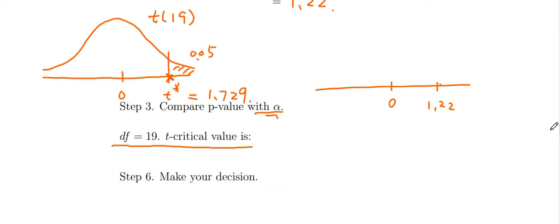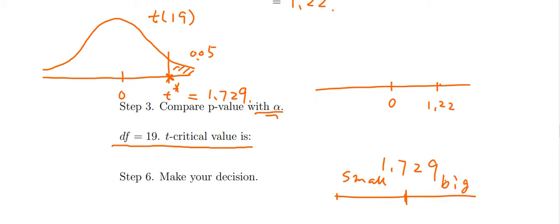Now judge this number 1.22, big or small. We use 1.729 as the standard. Numbers beyond it are big numbers, and those below are small numbers. Our number 1.22 is here, so we can say 1.22 is a small number.